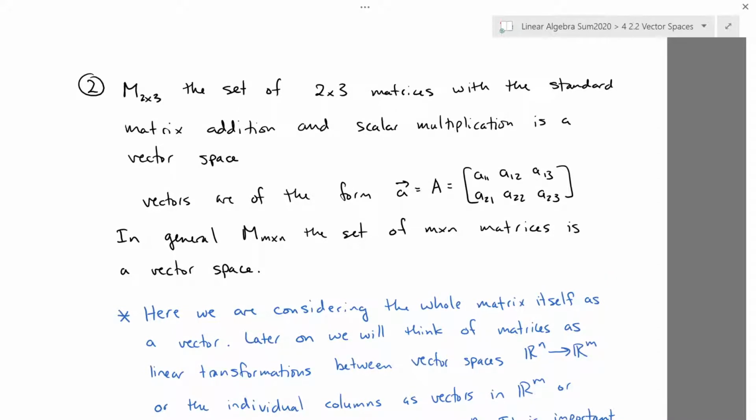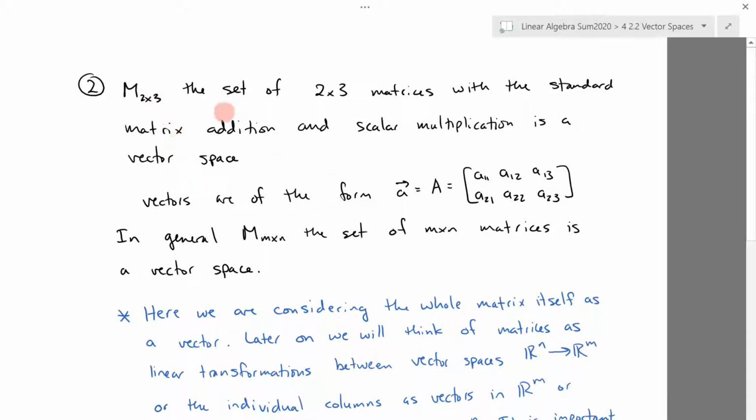The second kind of vector space we're going to talk about is matrices. I'm going to write M sub 2 by 3 for the set of all 2 by 3 matrices, where the operation of vector addition is just standard matrix addition, and scalar multiplication is just what you do for scalar multiplication of matrices.